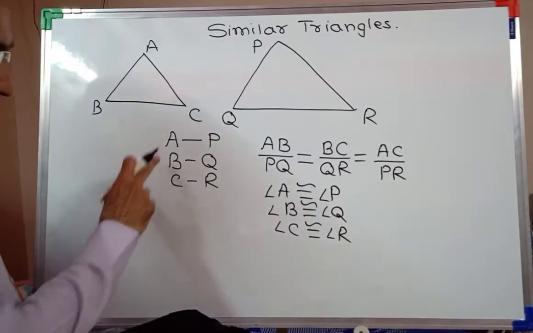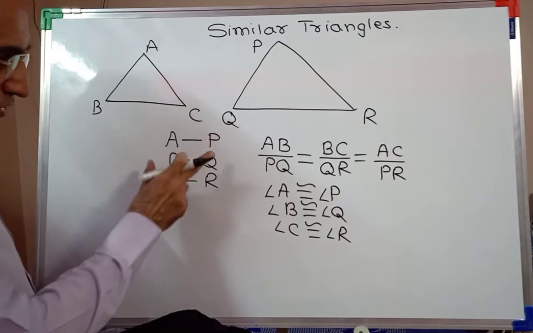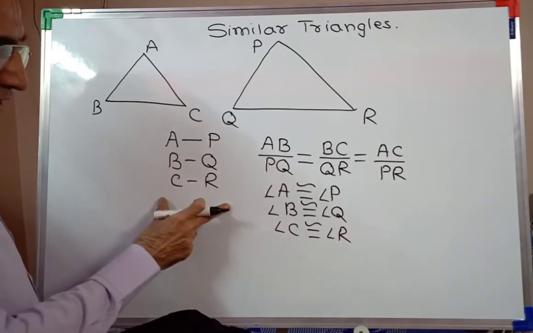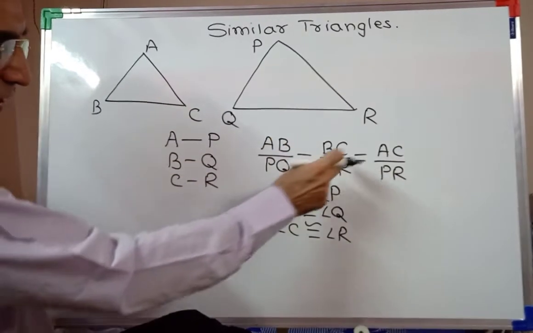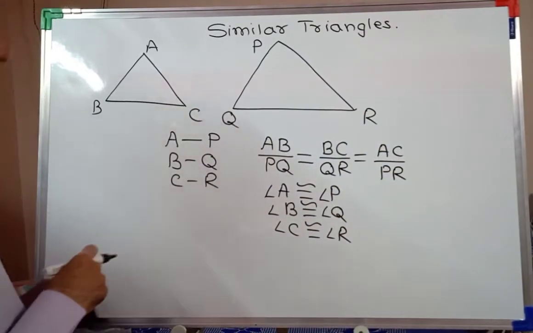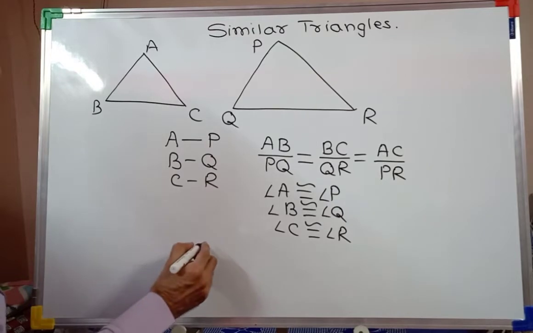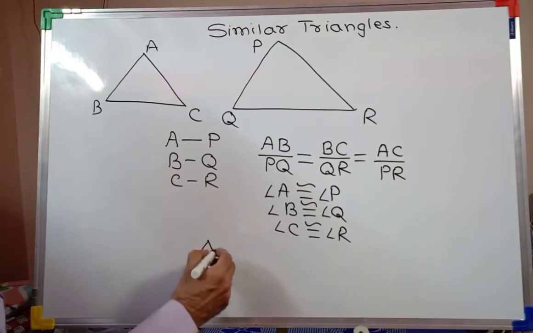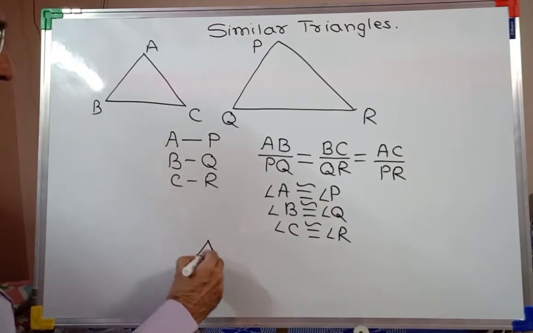So if for a given 1-1 correspondence between the vertices of two triangles, corresponding sides are in proportion and corresponding angles are congruent, then we say that the given two triangles are similar.